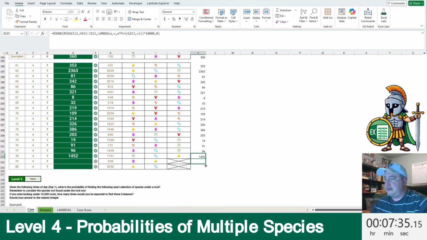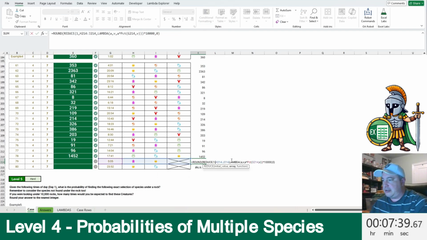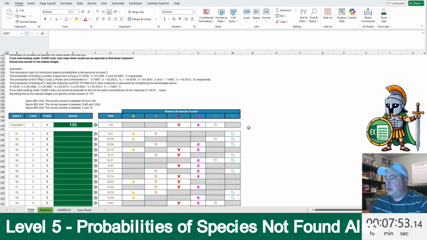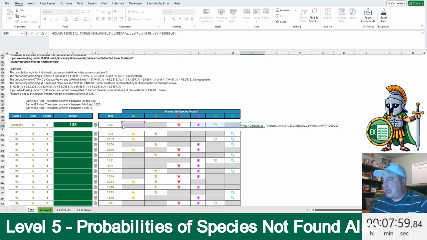Let's see these last two, and we need to filter out the blanks. So 2 row. There we go. Okay. So now we have to do the same thing, only we also have to consider that we actively don't want to find the ones where we're not supposed to.